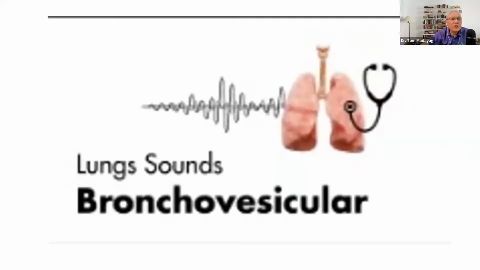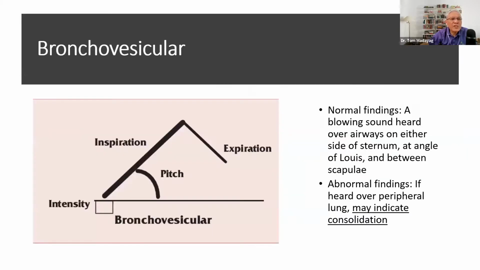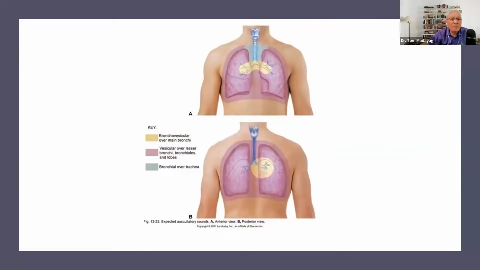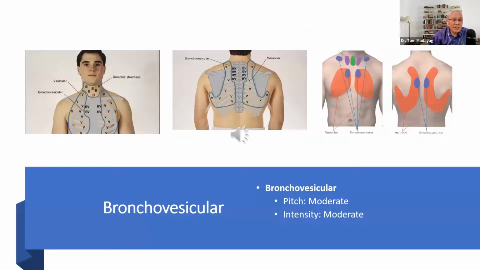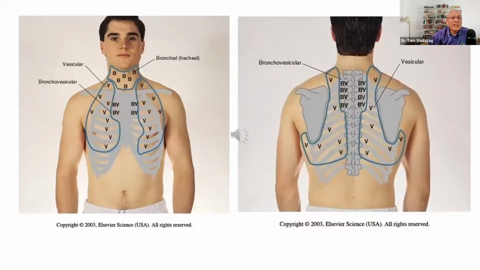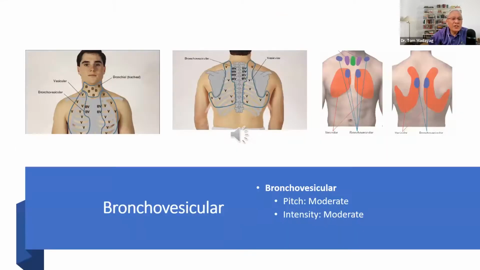And I needed to go back to that because basically there are only two types of breath sounds, vesicular and bronchial breath sounds. However, the intermediate combination of the two is what is known as the bronchovesicular breath sounds.